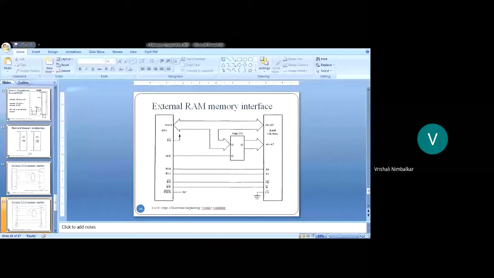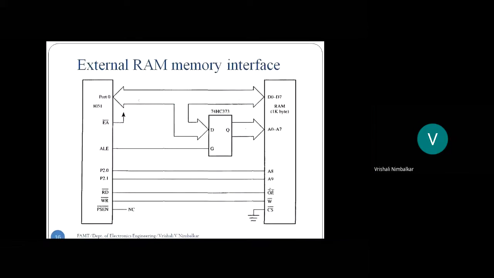Look, the EA bar pin is connected to VCC. And look at the control signals: read and write. OE is the read signal, output enable, and WE is write enable. So that's the RAM memory interface.